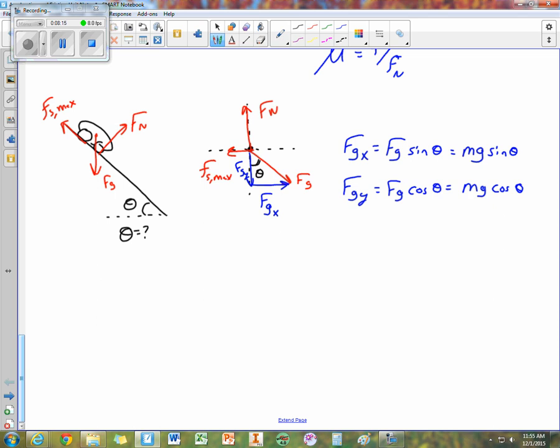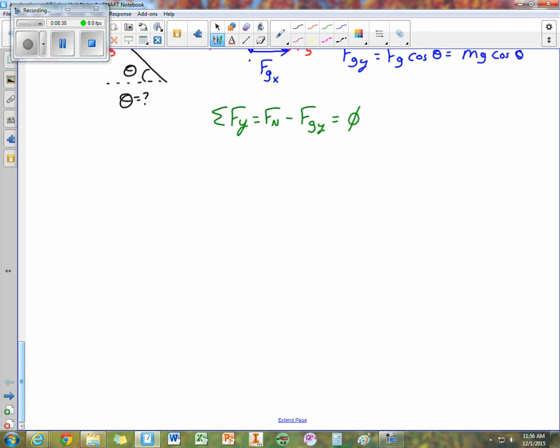We need to go back and study the forces along the x and y axes, and remember equilibrium. The sum of forces on the y-axis, which is the normal force minus Fgy, needs to equal 0 because we want equilibrium on the y-axis.